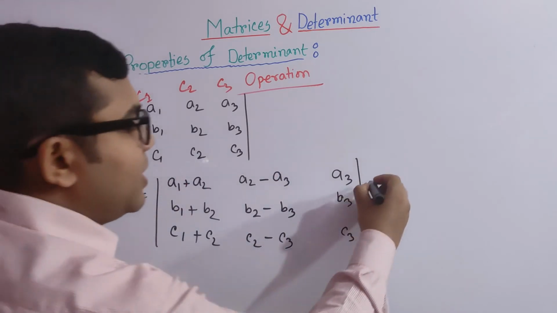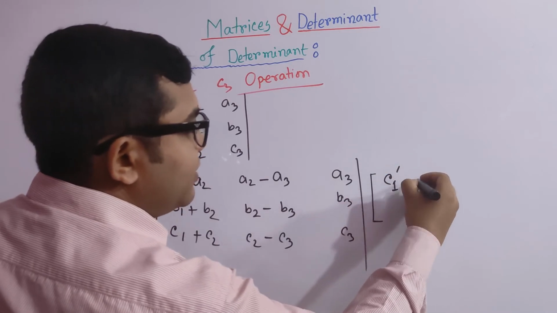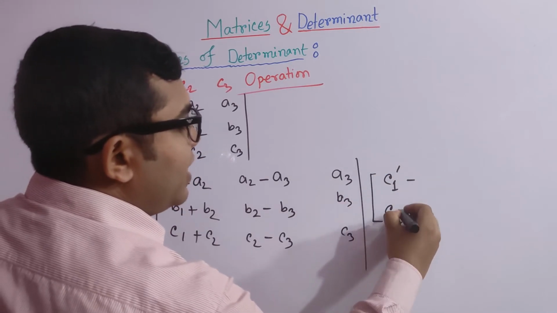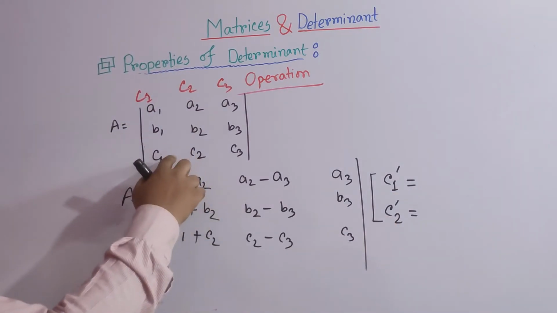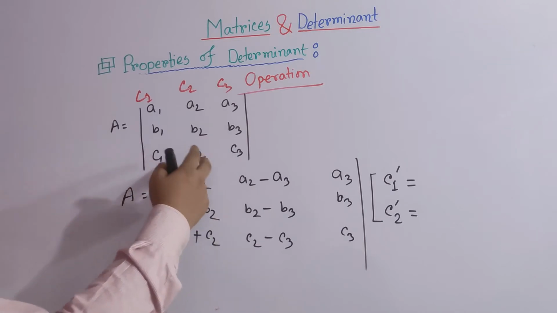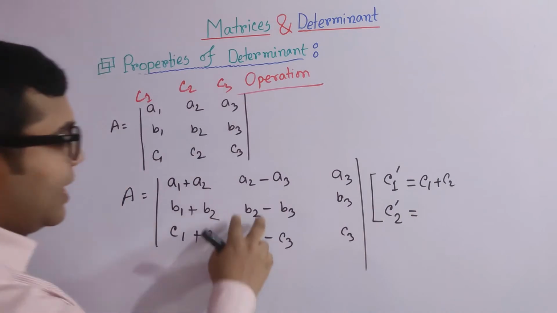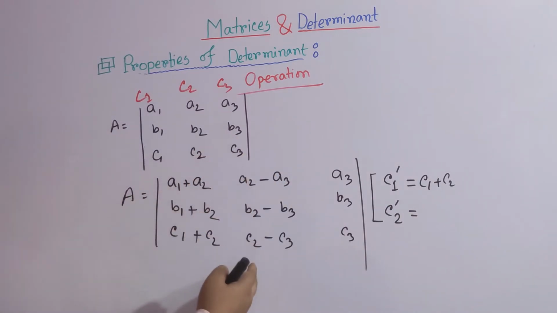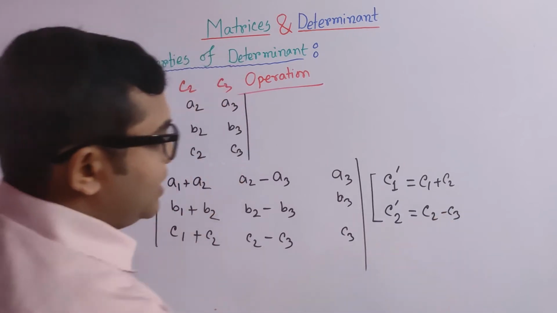So we have done two works, on the first column and on the second column. We write it this way: since we are working on the first column, C1 prime, and on the second column, C2 prime. In column 1, C1 is added with C2, so it is C1 plus C2, and since we subtract C3 from C2, it will be C2 minus C3.